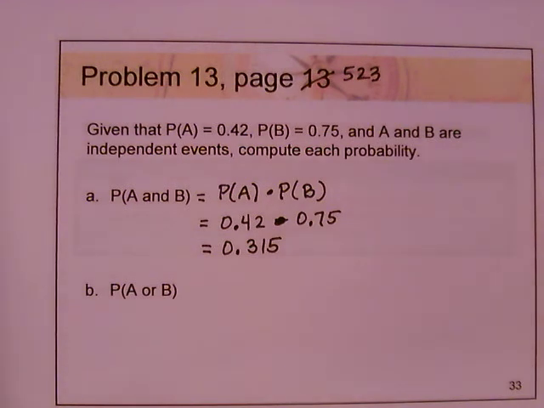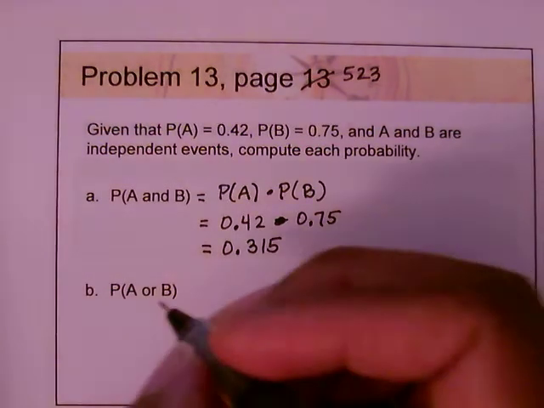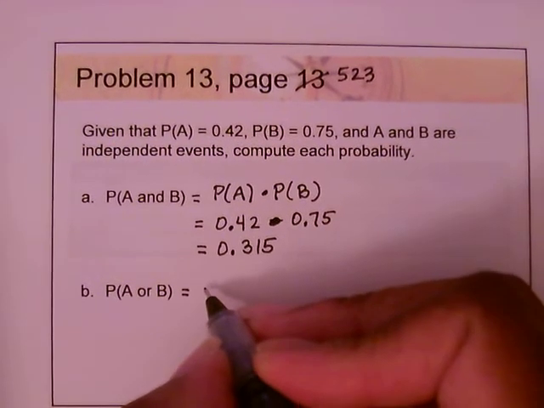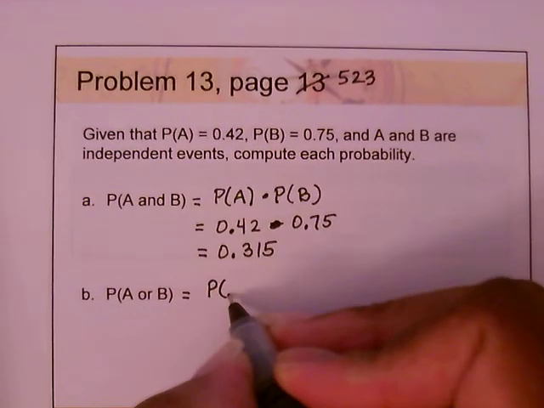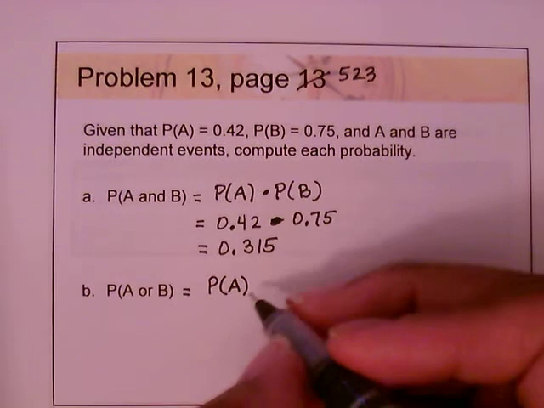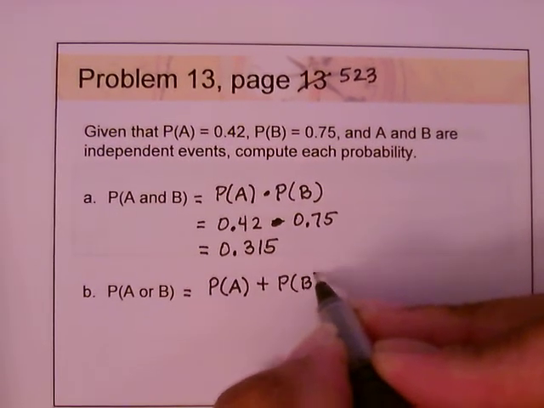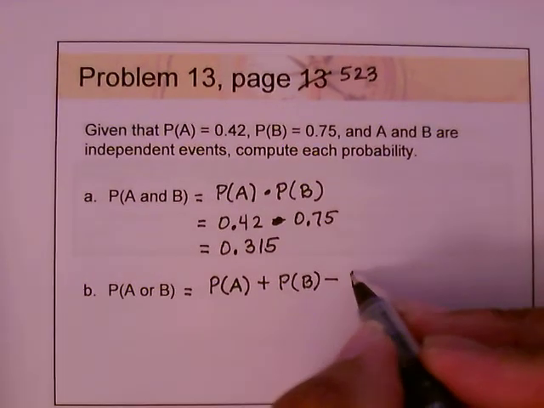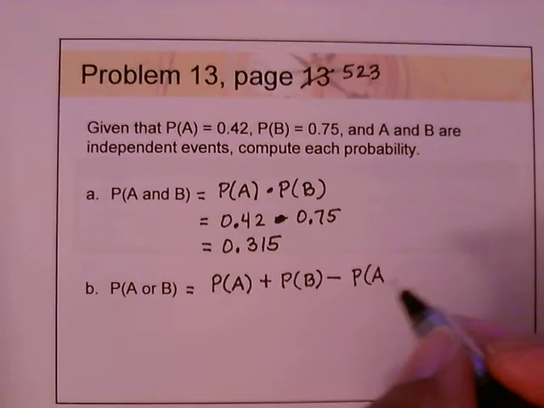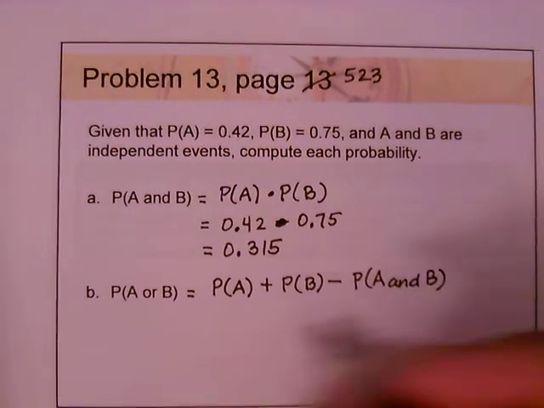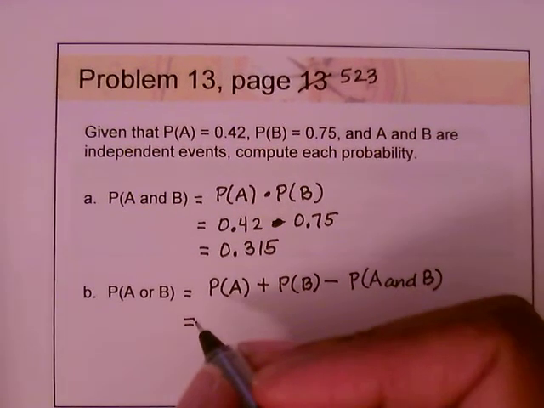Now for the probability of events A or B, we're going to use the one for non-mutually exclusive events. Probability of A plus the probability of B minus the probability of A and B. Because we know what the probability of event A is, that's 0.42.